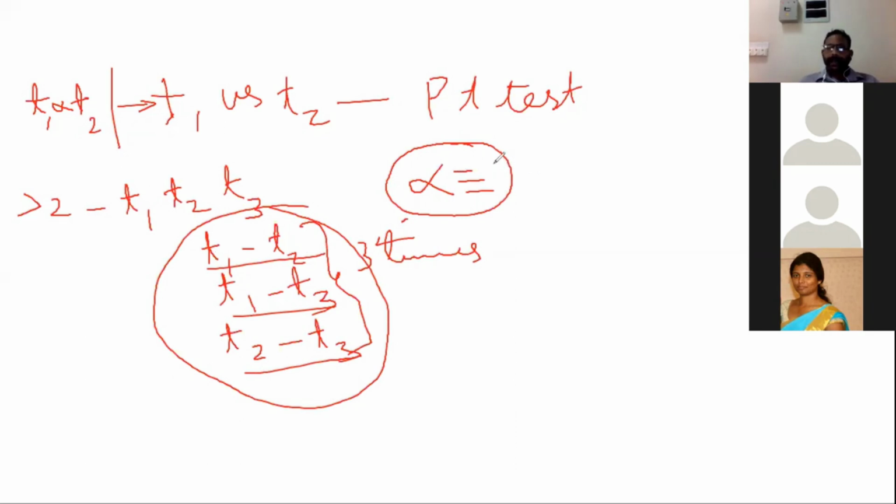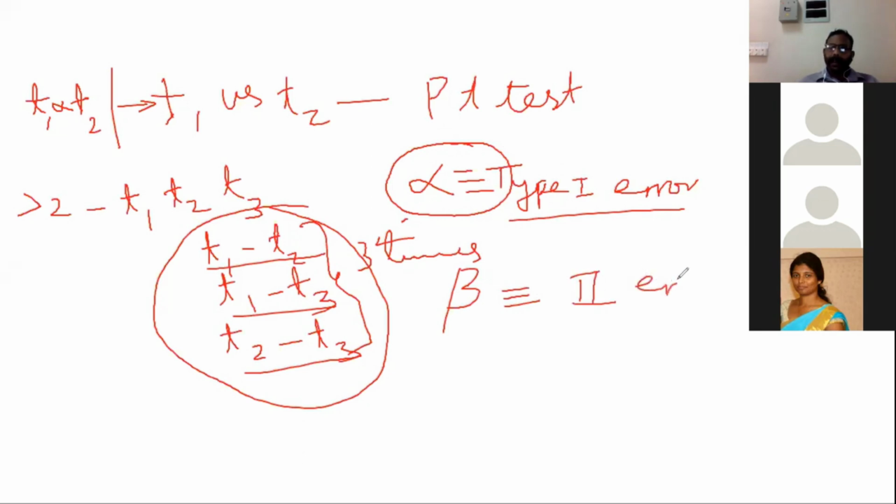Anushan, what is the other name for this alpha? Type 1 error. Have you heard about this? Can you remember? Type 1 error. What is beta then? Type 2 error, right?